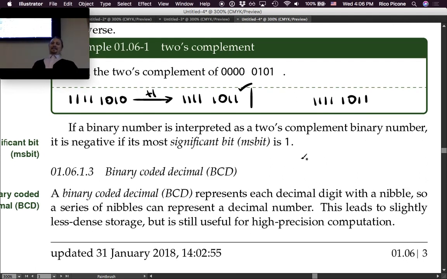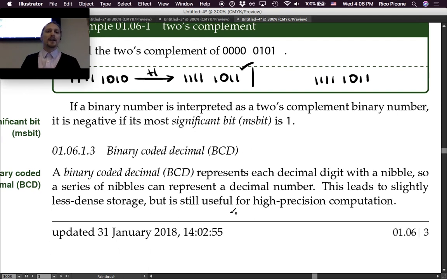All right. Now we're to binary coded decimal. We can represent good old-fashioned binary, what we call pure binary, 2's complement binary, and we can also store binary coded decimals in memory.